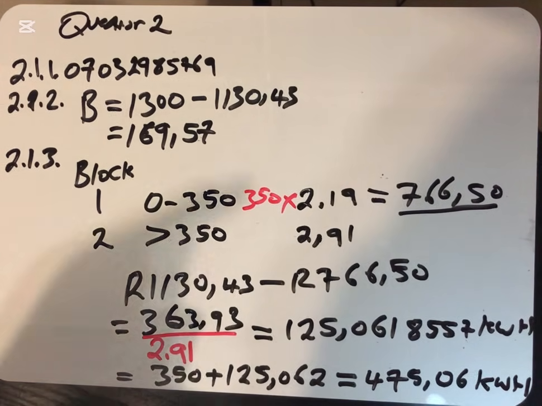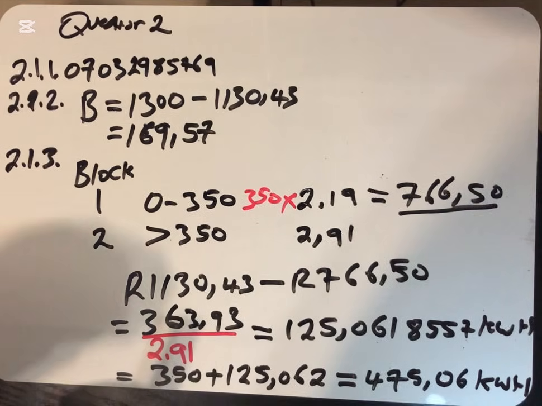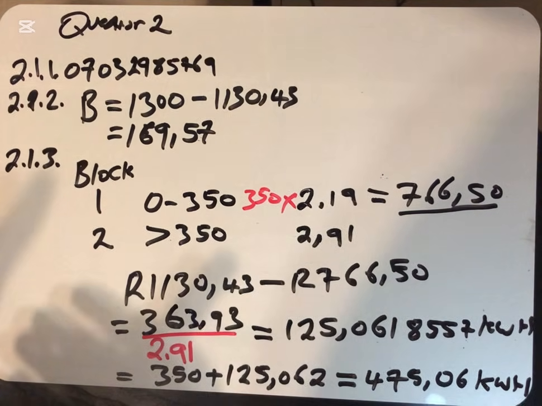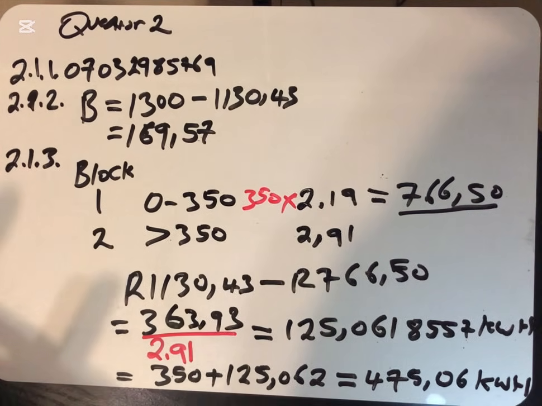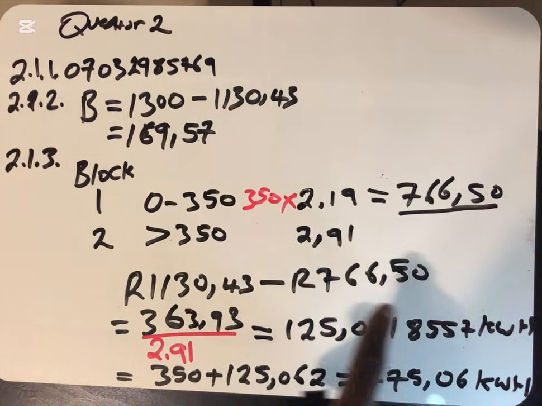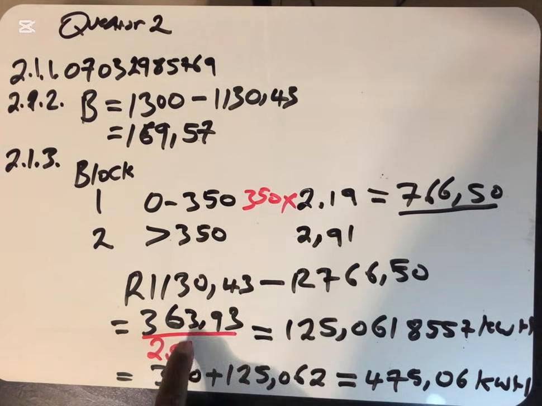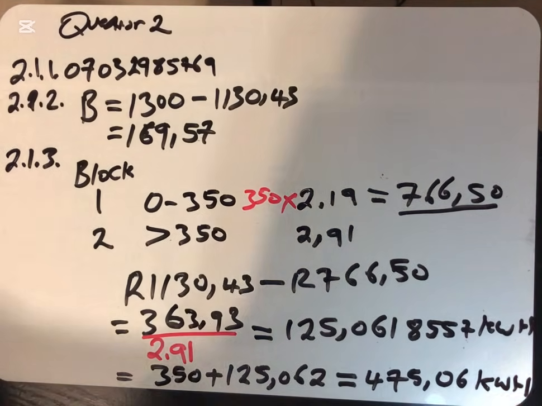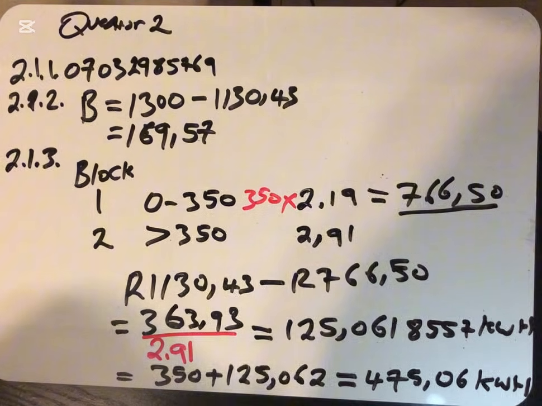Then from there you find the difference between the original amount that they've used to buy electricity and the amount used for block number 1 only. We found that the difference is 363.93. Then you divide this 363.93 by the unit's price of block number 2.